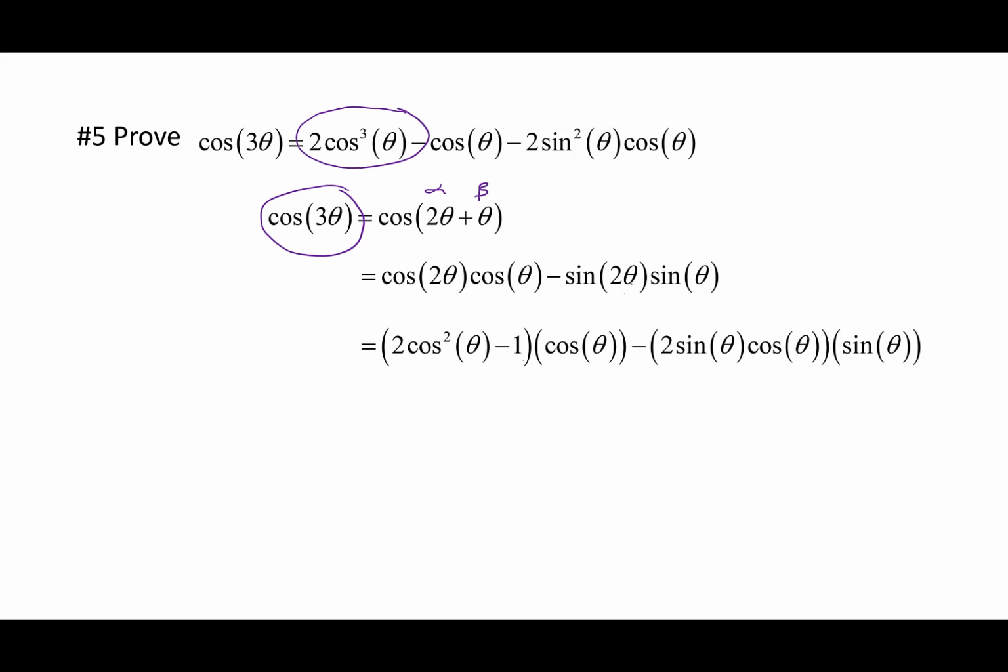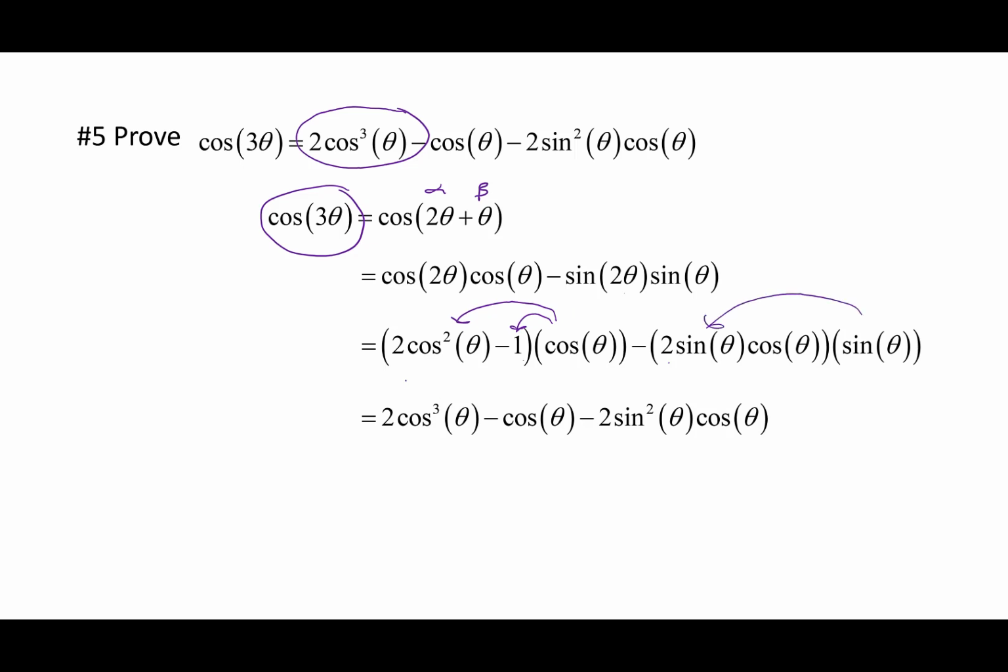And then for sine of 2 theta, there's only one choice. So I'm going to replace that with 2 sine theta cosine theta. And then we'll simplify. We'll distribute the cosine of theta through to the 2 cosine squared and the 1, and we'll simplify sine theta times sine theta.